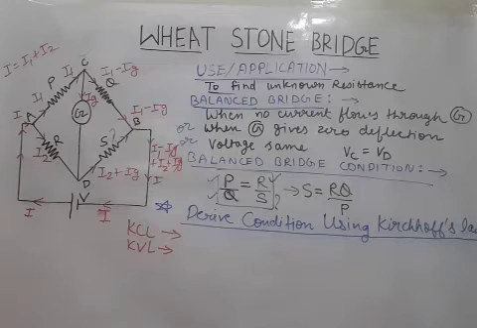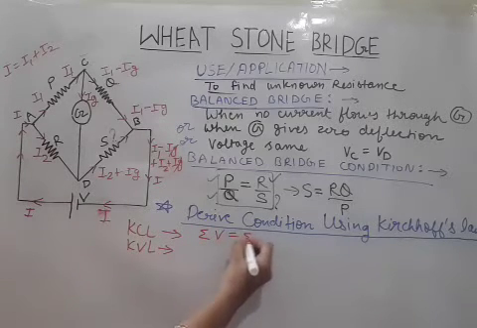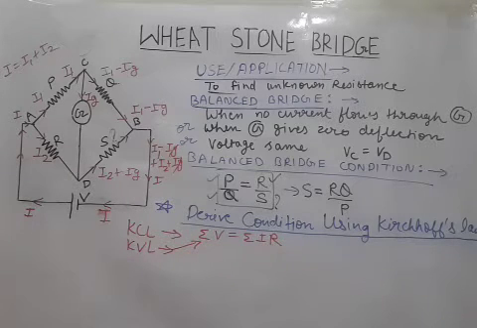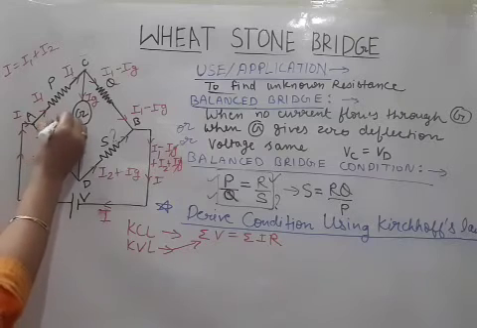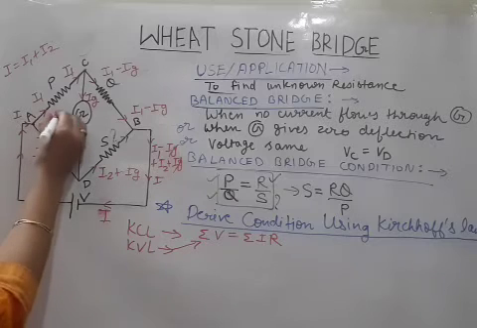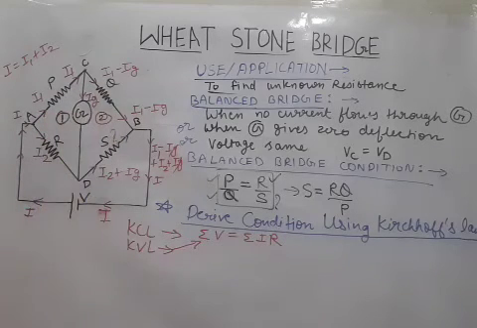Remember that our target is to get this equation. How to apply KVL? KVL means summation V equals summation IR. That means now we have to take loops in the circuit. Suppose we take this as our first loop and this as our second loop.